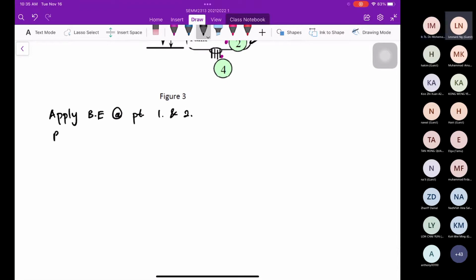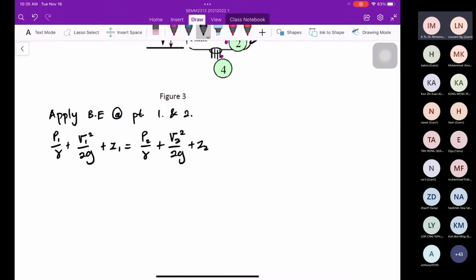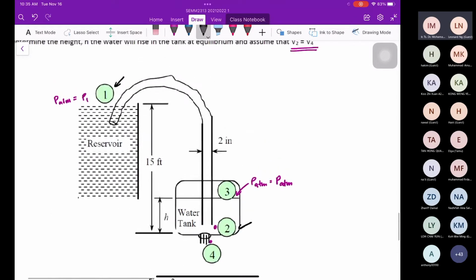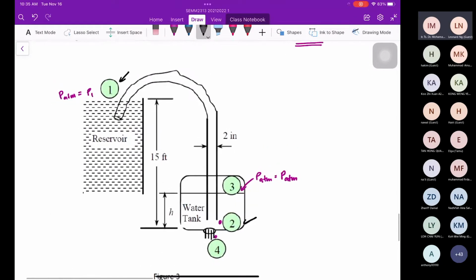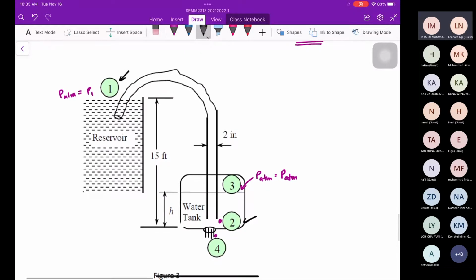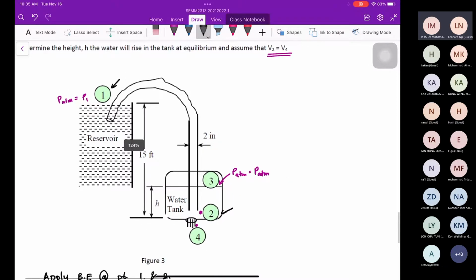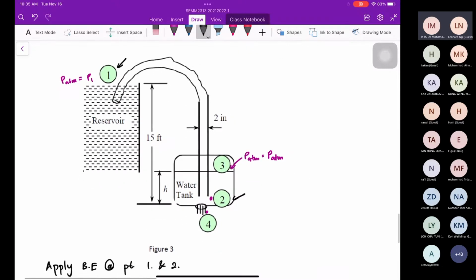So, P1 over gamma plus V1 squared over 2G plus Z1 equals P2 over gamma plus V2 squared over 2G plus Z2. Since P1 is exposed to atmospheric pressure and nothing is said about absolute or gauge, we can consider P atm equal to 0.